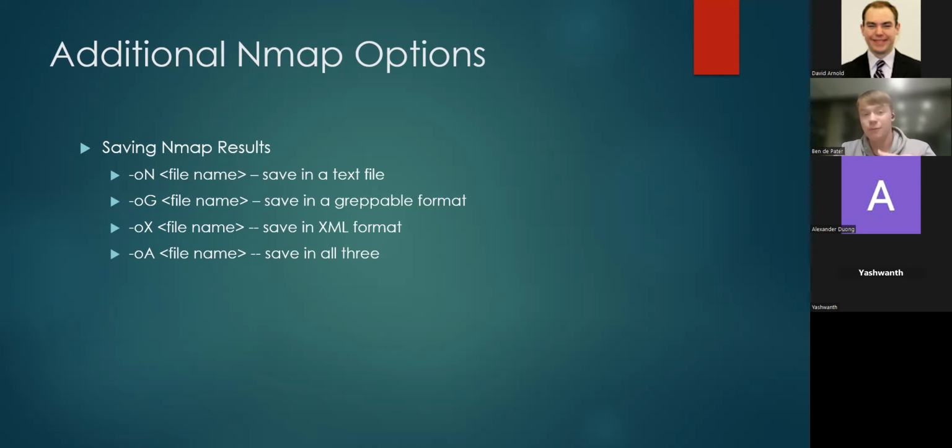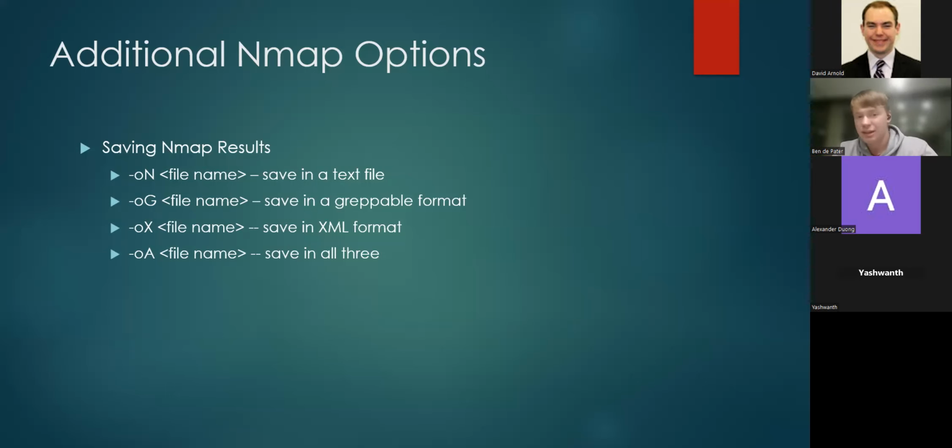Let's say I'm looking for a computer that I scanned that has a certain service. If I use a normal output and grep the name of that service, it's just going to return the port number along with the name of the service. It's not going to return the IP address of that computer, because the IP address isn't on the same line as the name of the service I'm grepping for.